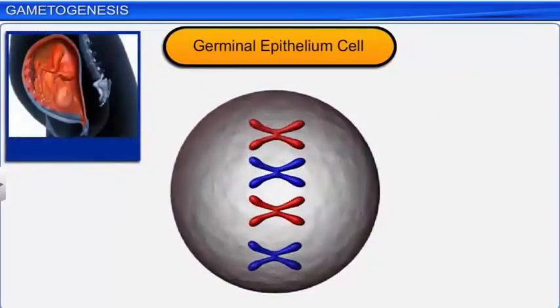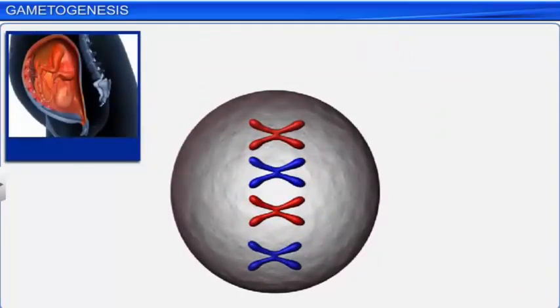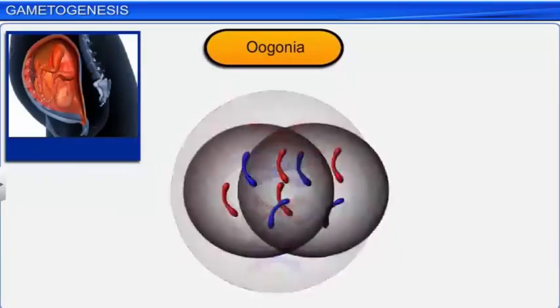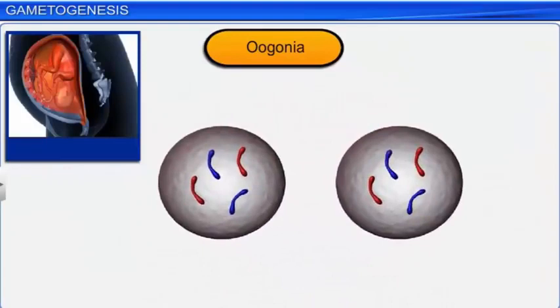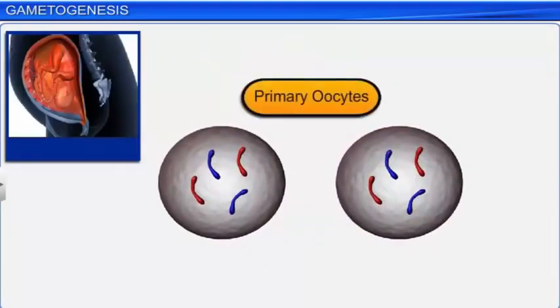When the germinal epithelium cells in the ovary of the fetus divide mitotically, they form gamete mother cells called oogonia. A few oogonia divide again to form two immature cells called primary oocytes.